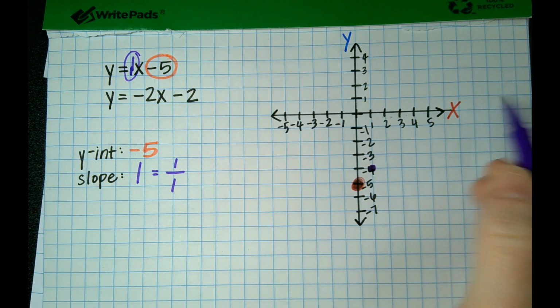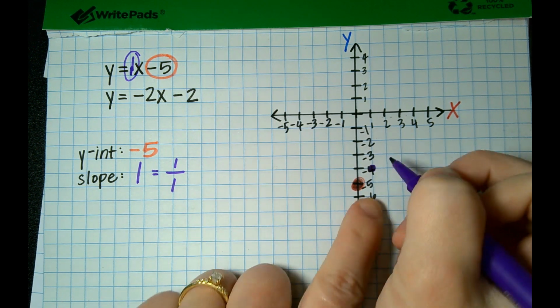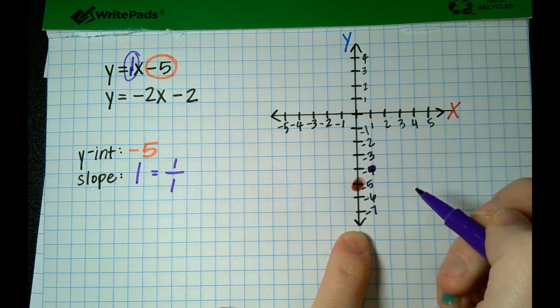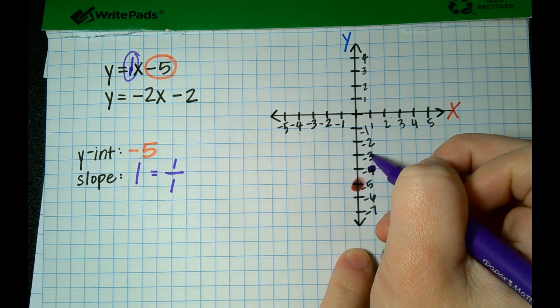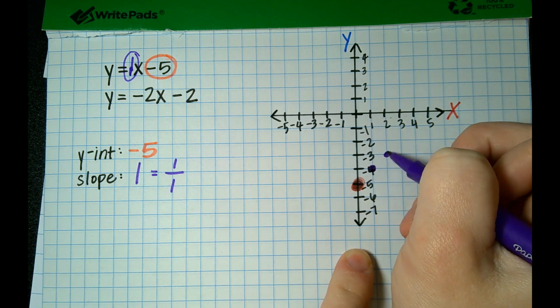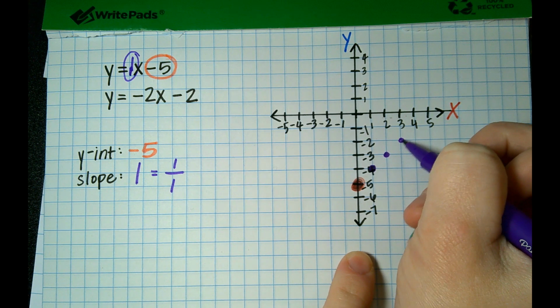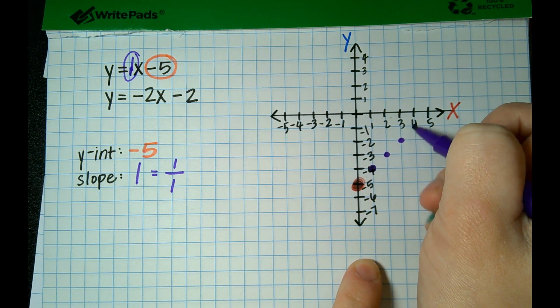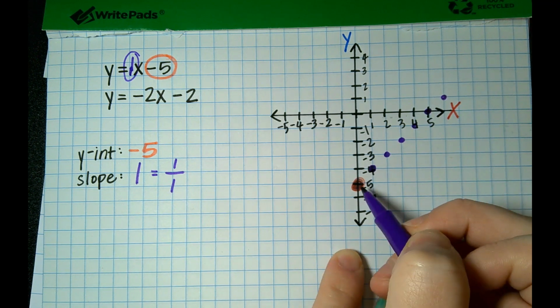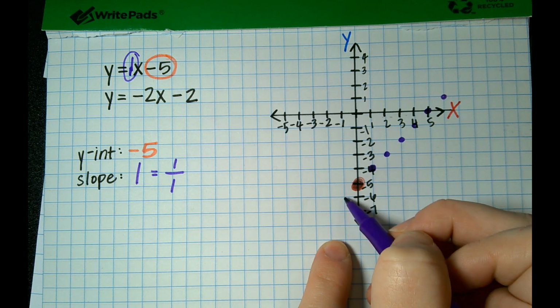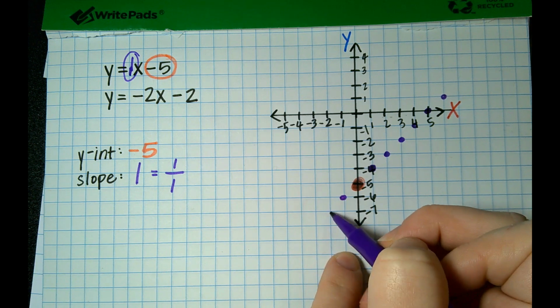Keep going up 1 over 1 and give yourself more points to go through because that will make your line more accurate. So I go up 1 over 1, I'll do that again, up 1 over 1, again, up 1 over 1. We could even go in the opposite direction, this way, down and over.